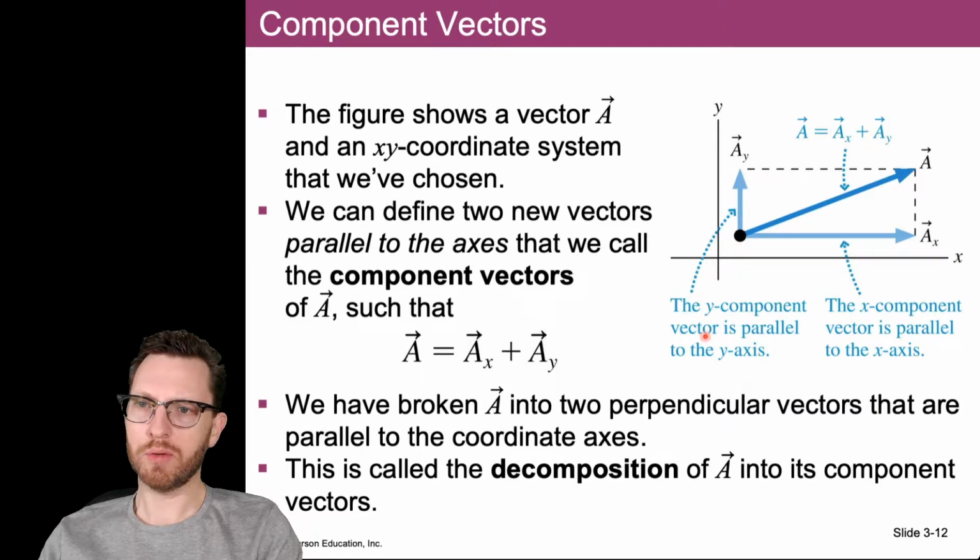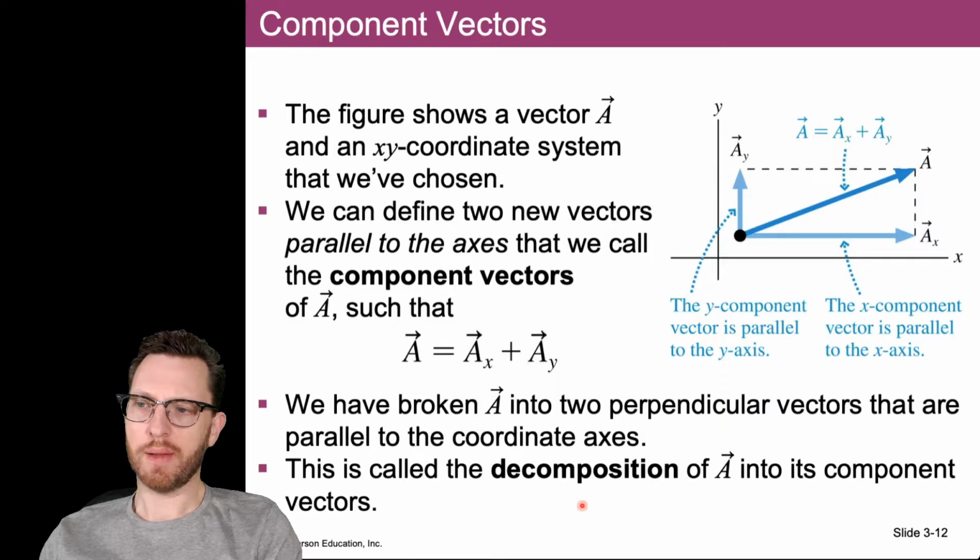The y component is parallel to the y-axis. The x component is parallel to the x-axis. Why is this nice? Because this breaks vector A into two perpendicular vectors that are parallel to the coordinate axes.